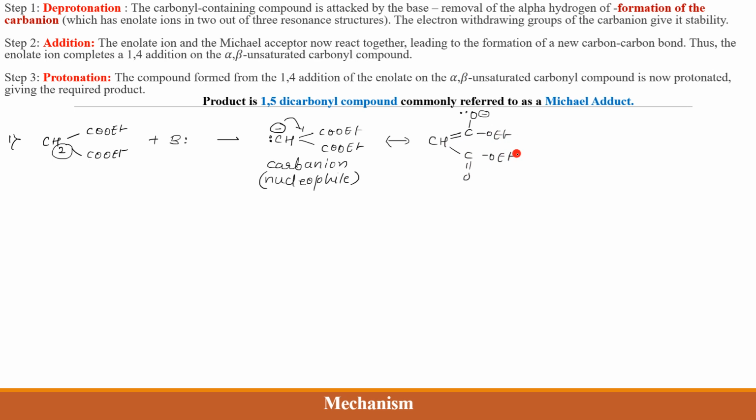This is one resonating structure. Then this is here nothing but an enolate ion. Same thing, here you will have one more resonating structure. So three resonating structures you get, in which there are two enolate ions, and that is the reason of its stability. Okay, so here two enolate ions are formed.